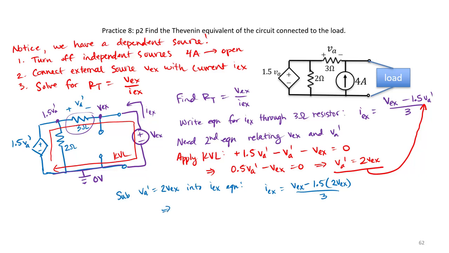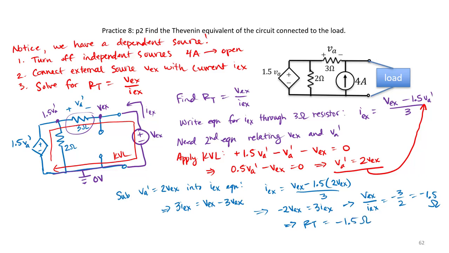So solving for VEX over IEX, we get 3 IEX is equal to VEX minus 3 VEX. So therefore, we get minus 2 VEX equals 3 IEX, or VEX over IEX is equal to negative 3/2, or negative 1.5 ohms. That means our Thevenin resistance is negative 1.5 ohms.